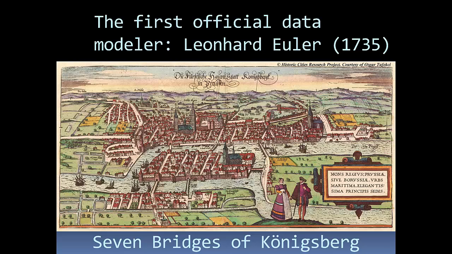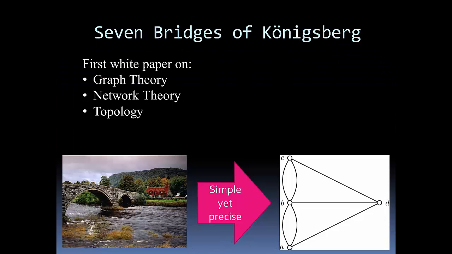He looked at this problem of crossing the bridges, and he said, in order to solve the problem, we could come up with very simple symbols that represent these geographic components, and then we could look at these geographic components and try to solve the problem, try to explain the complexities without looking at the real thing. So, for example, instead of looking at a landmass, like one of these islands, he would have a circle. Instead of looking at a bridge, he would have an edge or a line.